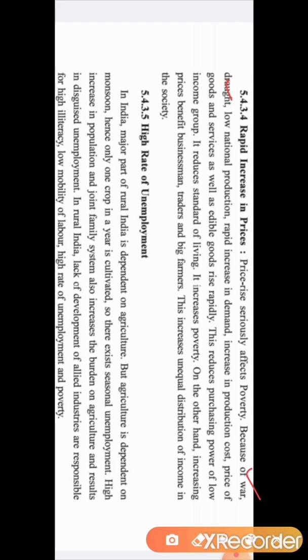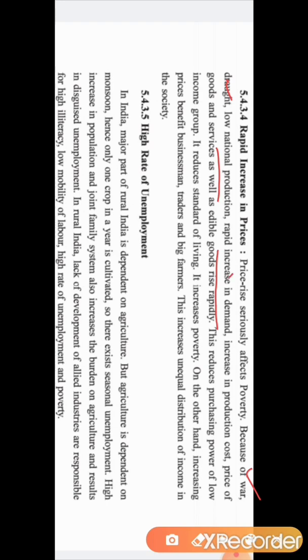Pay attention over here, because of different reasons such as war, drought. If there is a drought, obviously the agriculture sector will be affected and there will be a decrease in agriculture production, and the prices of goods will increase because of scarcity. Then low national production, then rapid increase in demand. The people's demand for goods and services is increasing, but comparatively the supply is not there, so there is scarcity and the price increases.